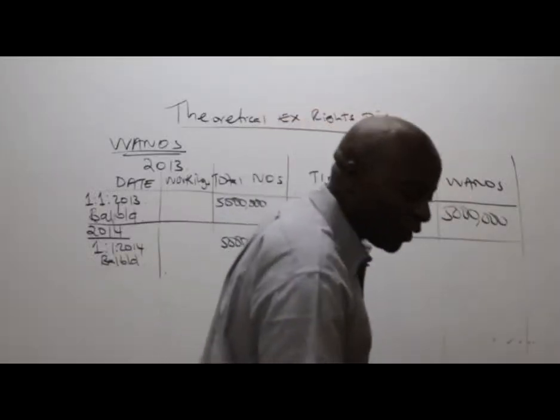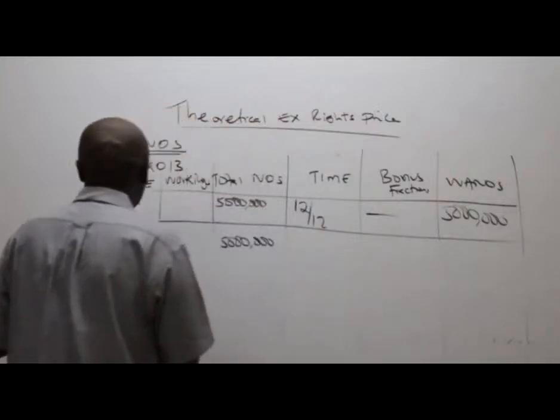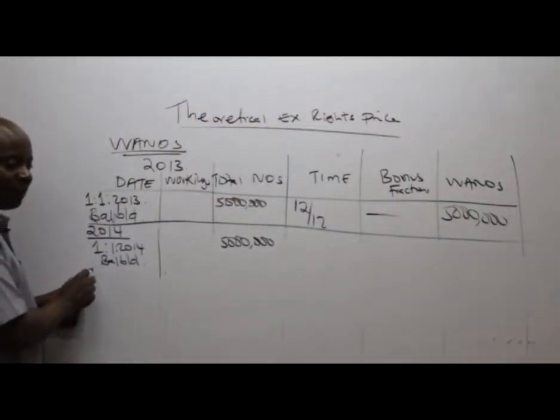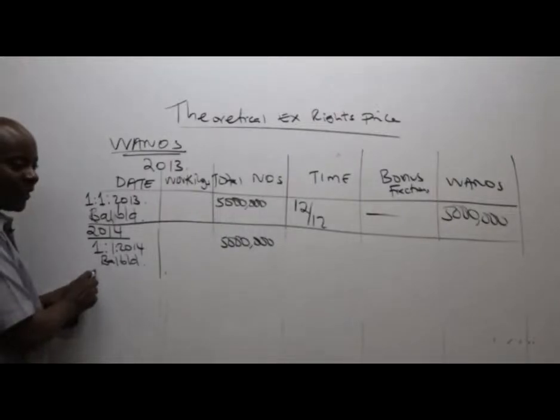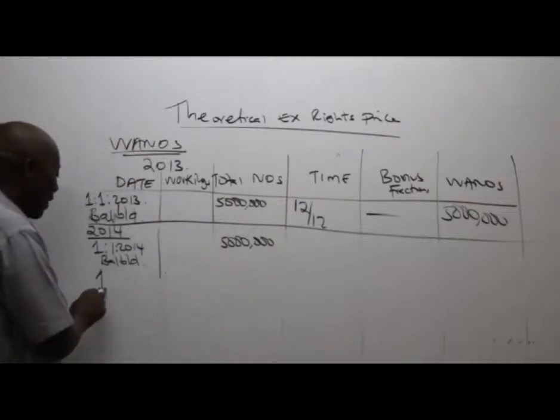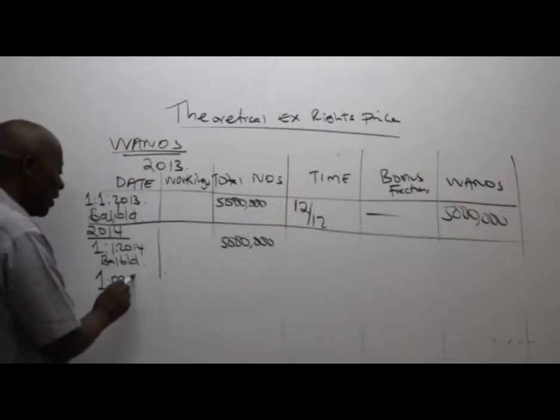So we have a very important date. Can somebody remind me, the date of the rights issue, which is it, somebody? They say it is 1st February. 1st February 2014. We had a rights issue.